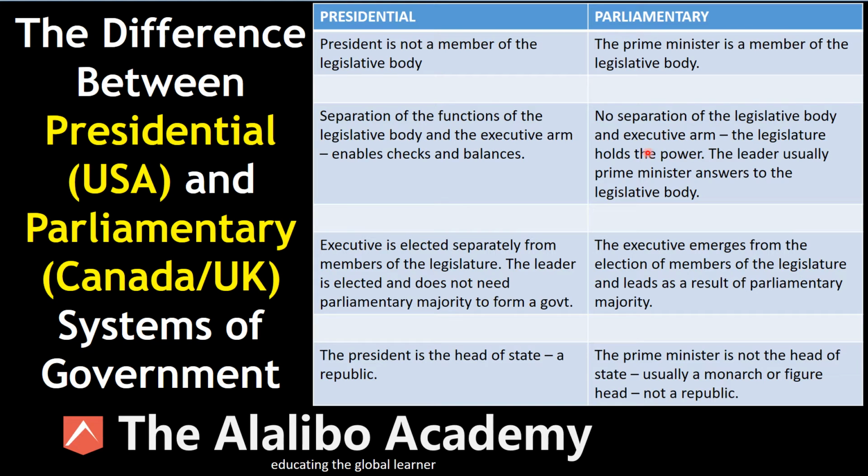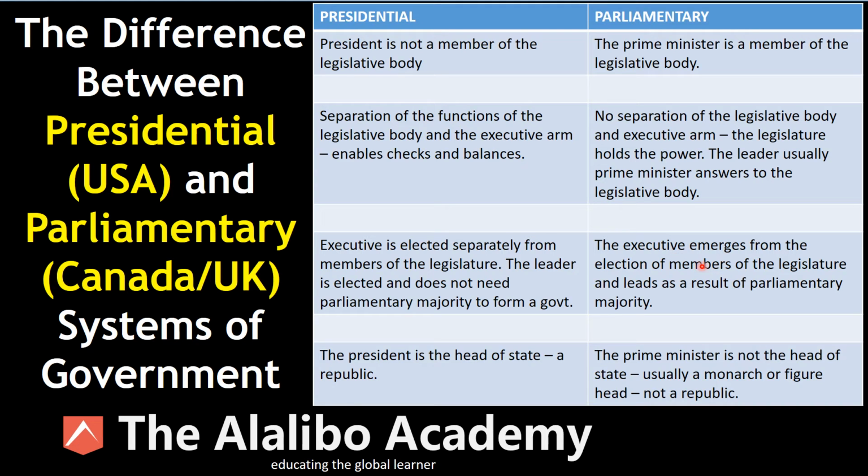Then, on the other hand, in the parliamentary system of government, the executive comes from the election of the members of the legislature. And this is a critical difference as well. So the legislature produces the executive. The legislature is elected, and within the ruling party, the party that has the majority, they appoint ministers and the prime minister, who is usually the head of the party, and that means they are responsible and accountable to the legislature.